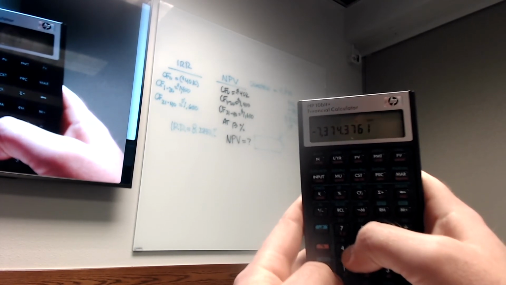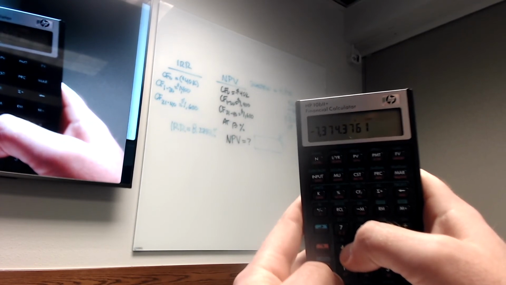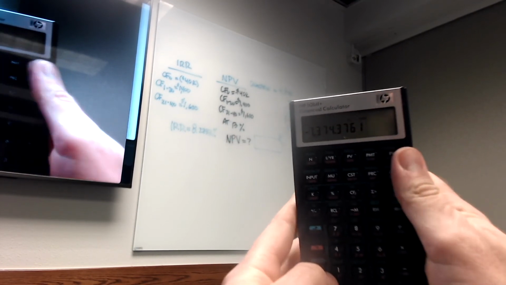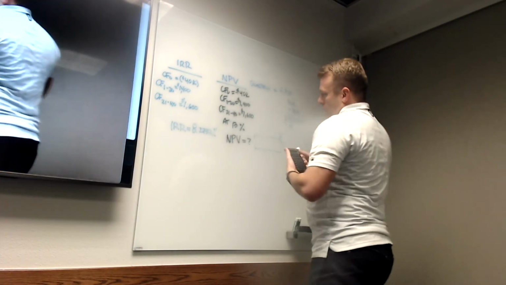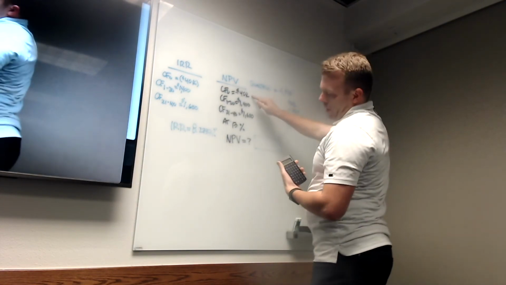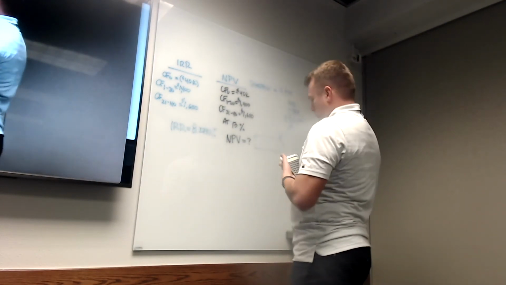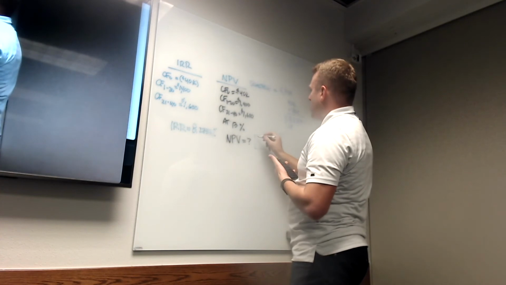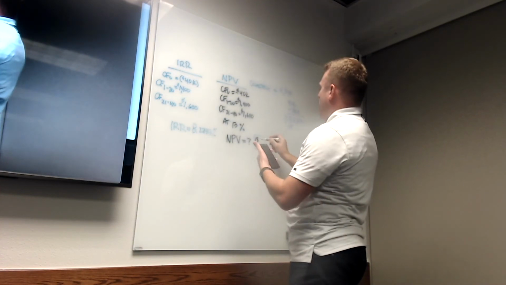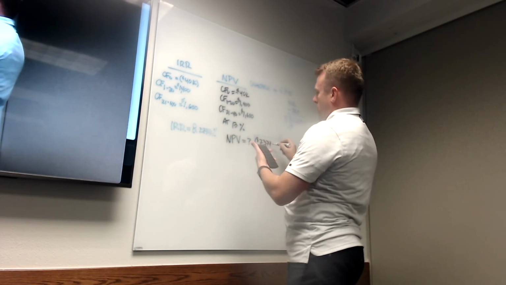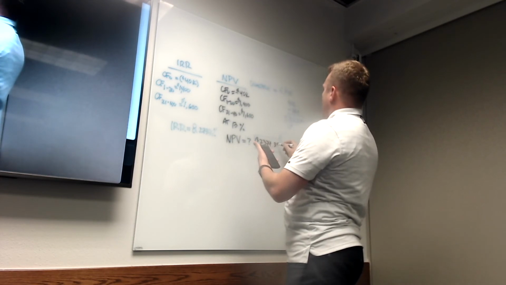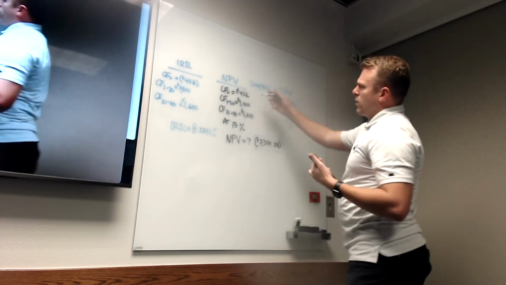Now it gives us this negative 7,374. So what some people might think is, oh, we're discounting that 40,000 to 7,000, which, let me put the answer here, negative 7,374.38, okay? Well, that's what that is, right?